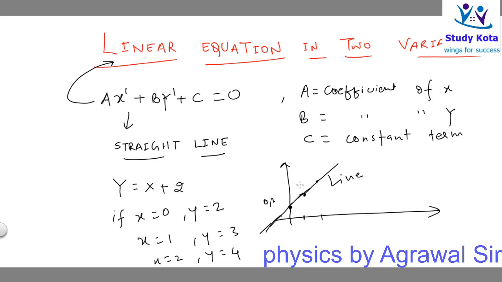And all the points here, like 1 comma 3 and 2 comma 4, satisfy the equation. So we can say that a linear equation, whether in two variables or one variable, represents what? It represents a straight line, right? So note it down.